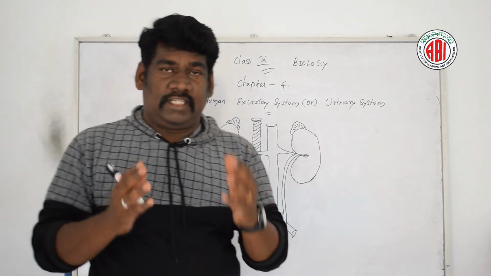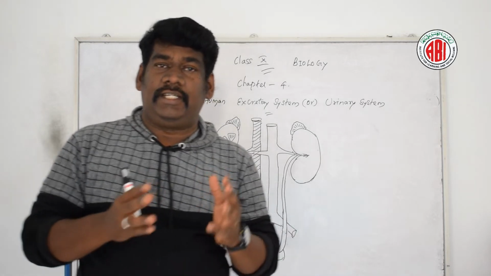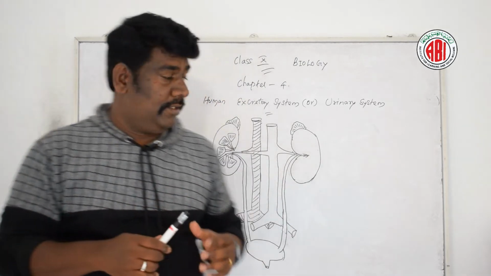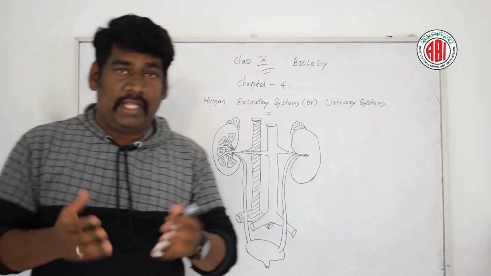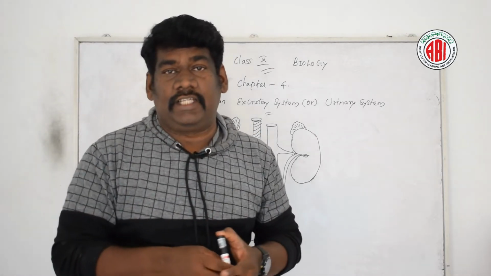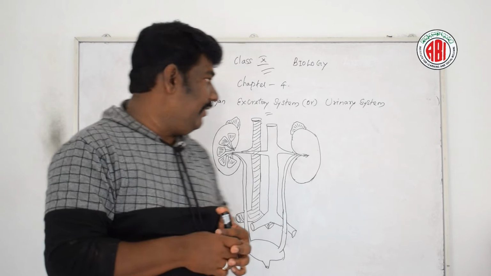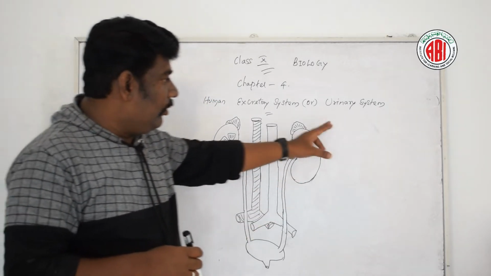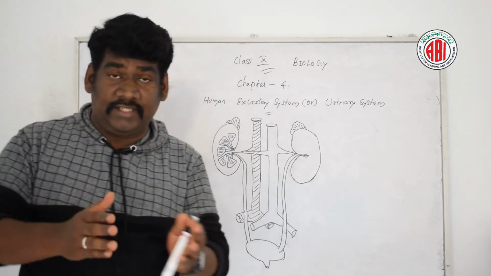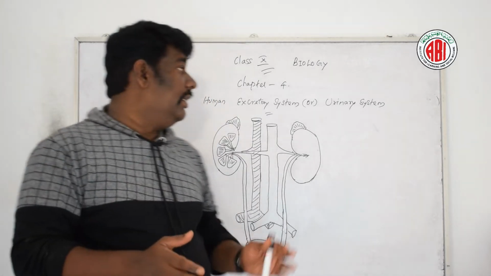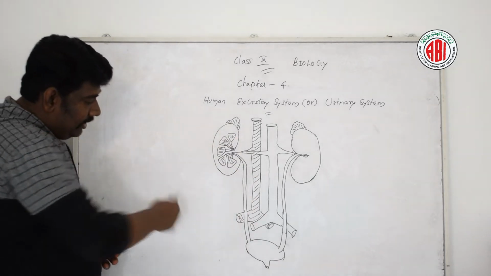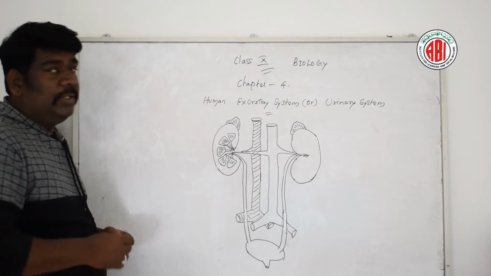The structure of kidney is a diagram that discusses only the structure of kidney, but here we are going to discuss, along with the kidney, the other parts which are united with it. The urinary system is entirely different from the structure of kidney. So this is the human urinary system.